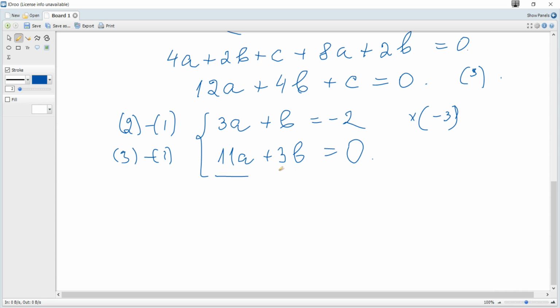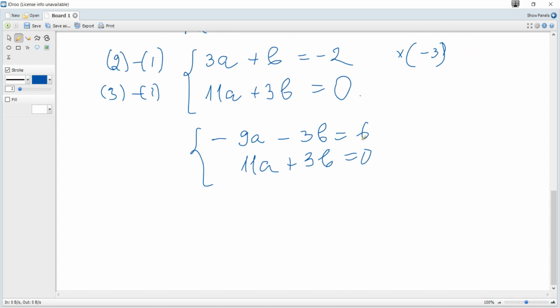And also I can multiply or divide each value in the second if required. So it becomes negative 9a minus 3b is 6, and the second 11a plus 3b is 0. And now I add both sides to get just 2a is equal to 6, and a is 3. A is 3, yes, it's correct.